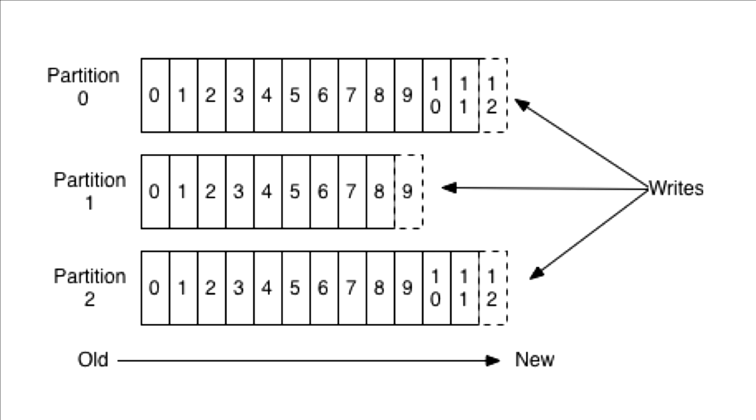And then every partition you can think of as a big, indefinitely growing array, and every message has an offset, which you can think of as the index within that array. You're only appending to those partitions, which means that your writes are always append-only and streaming on disk.